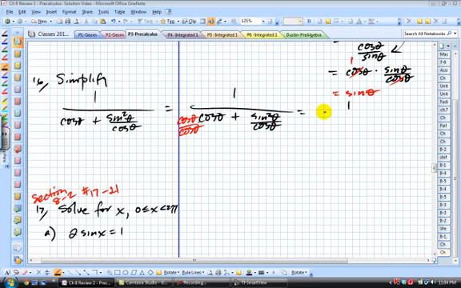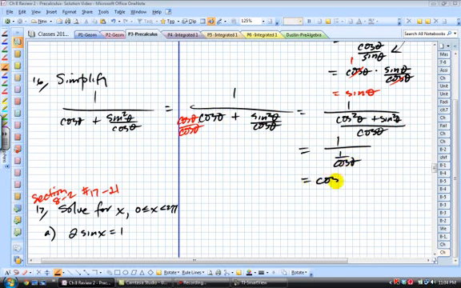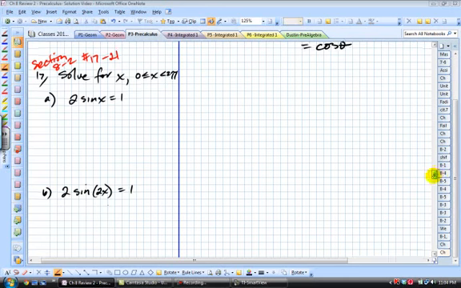I get 1 divided by, this is cosine squared theta plus the sine squared theta, all divided by my LCD right here, which is just cosine theta. That's 1, so I get 1 divided by cosine theta, which is just cosine theta, after multiplying by the reciprocal. So this really tests you on your ability to work with fractions using a lot of basics.